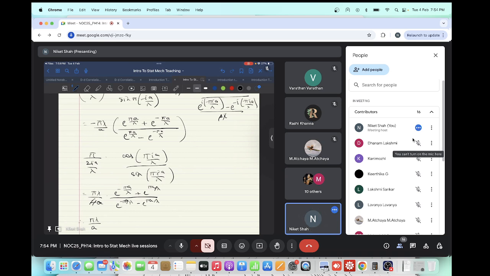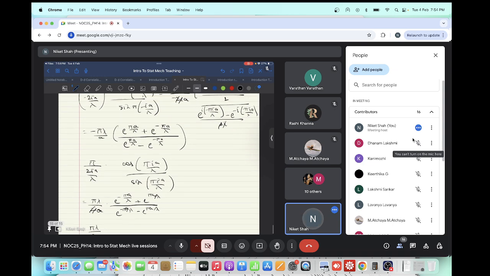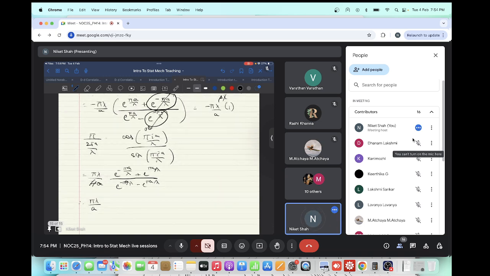Okay, right, sorry. So what I eventually got here, because lambda is small, 1 by lambda is going to be large. So any term of this form is going to become 0. So this is simply minus pi lambda by a into 1. What about this term? Again here also, this is going to be 0, this is going to be 0, and it's going to be minus 1. So even this is the same.